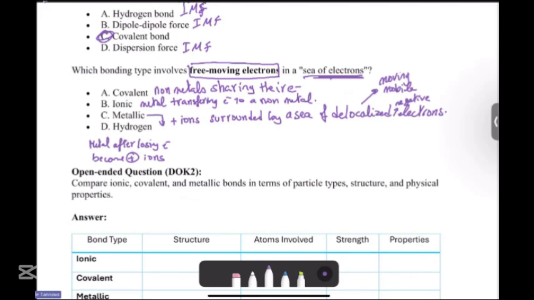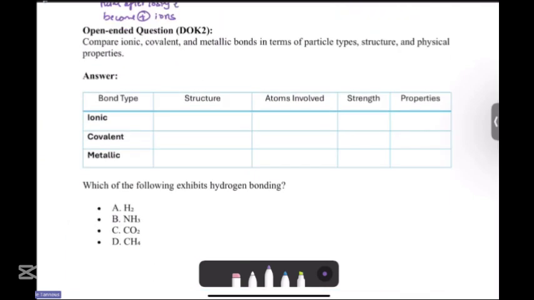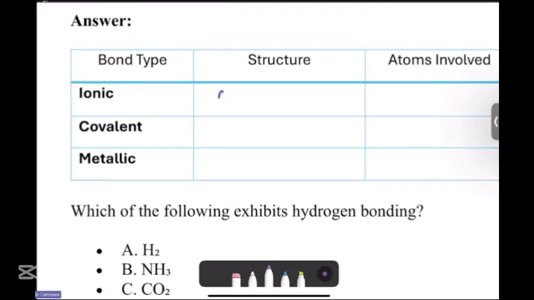Now, let's do our comparison again in this table between the three types of intramolecular forces. In ionic, we studied the crystal lattice. In the covalent, we call it molecule.